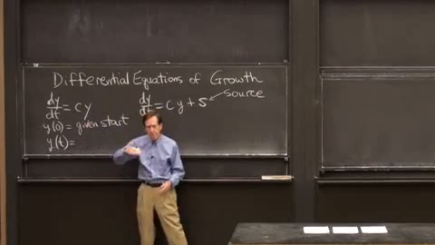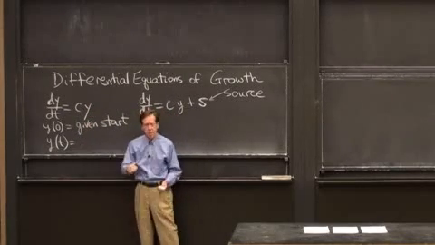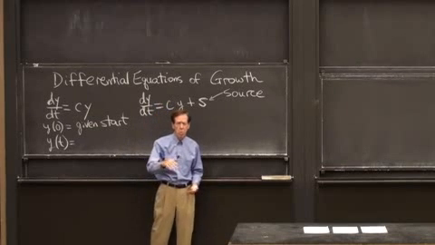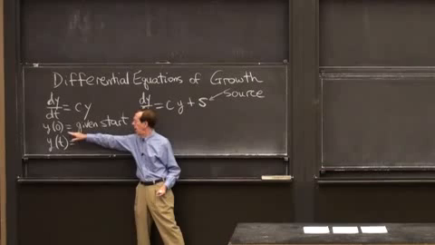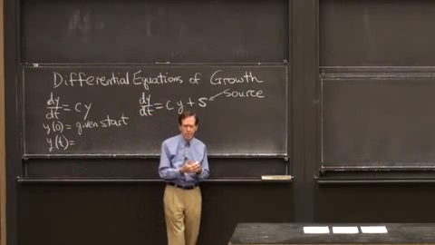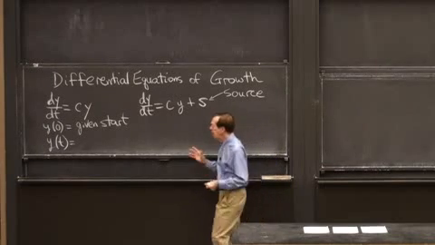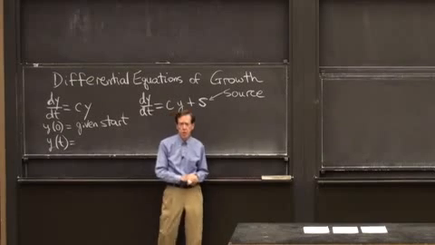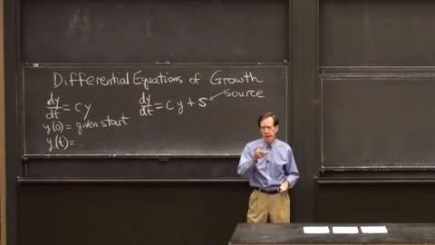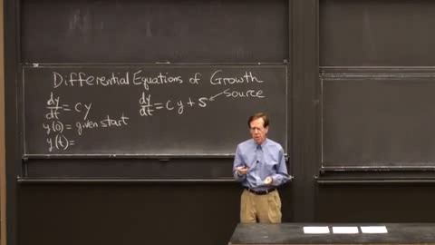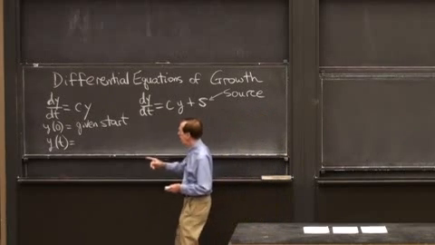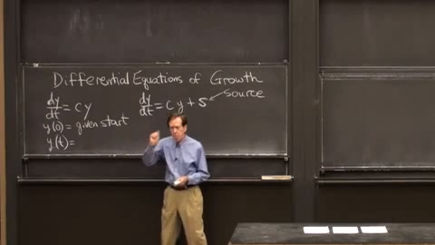And all these problems will start from some known point y at time 0 and evolve, grow, decay, whatever they do. And this one we know the solution to. We know that that will be an exponential growth with a growth rate c.